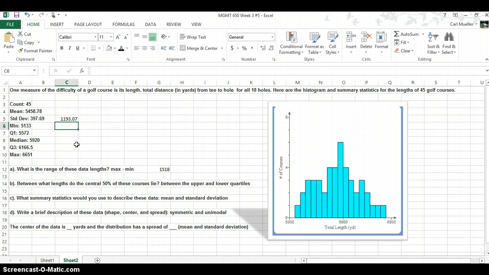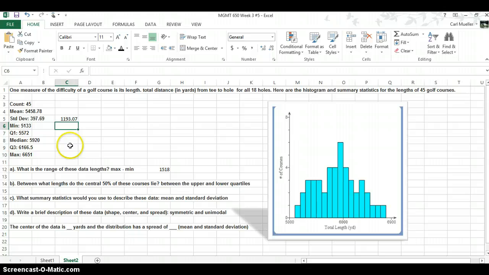Any point, and in this case I mean any golf course length, 5,000 yards, 6,000 yards, is going to fall between, at the very maximum, this mean, 5,400, plus this. That's the rule of thumb that we're talking about here.